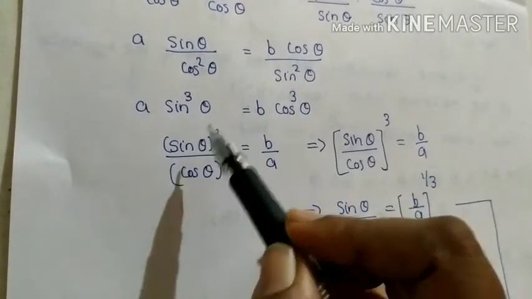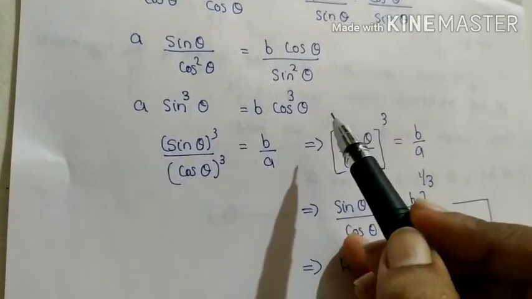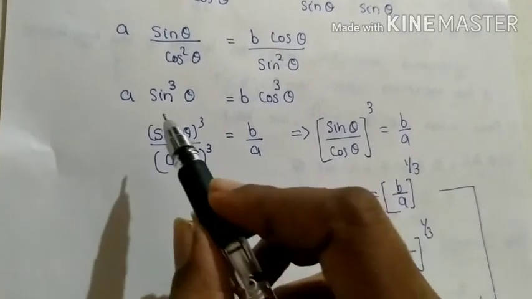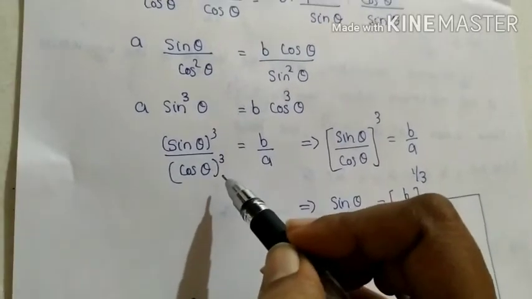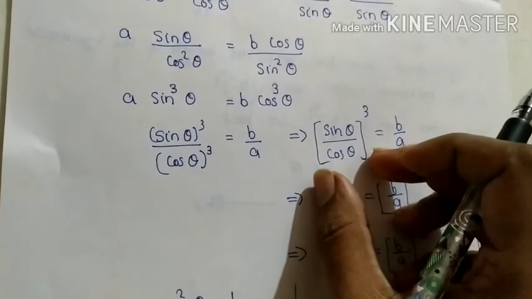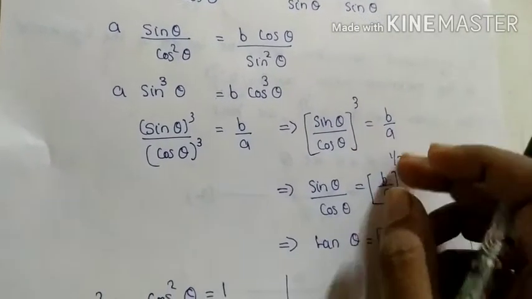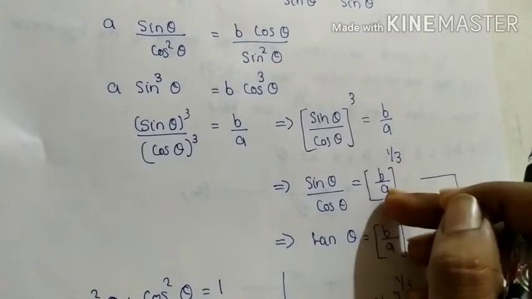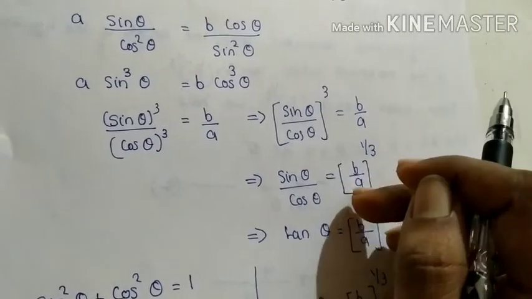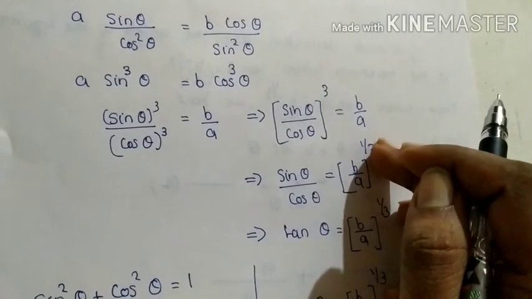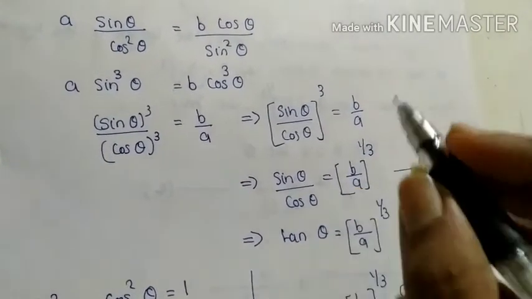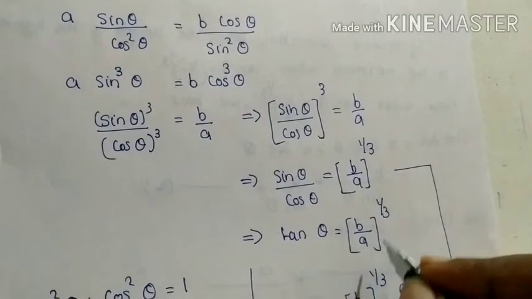Taking this cos cube theta to the LHS and this A to the RHS, we get sin cube theta by cos cube theta equal to B by A. Here the power is the same, so we can write it as sin theta divided by cos theta whole cube equal to B by A. From this, sin theta by cos theta equals B by A whole raised to 1 by 3, the cube root of B by A. We know that sin theta by cos theta is tan theta. So we get tan theta as B by A whole raised to 1 by 3.